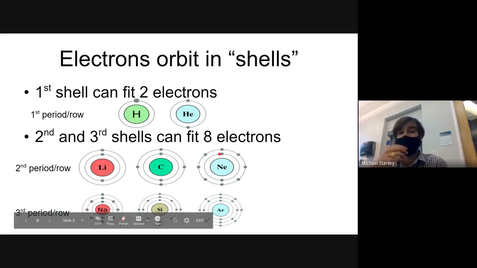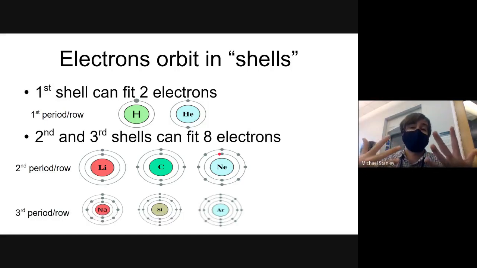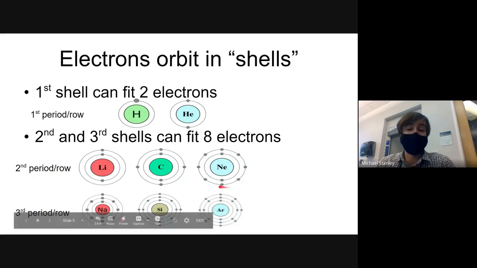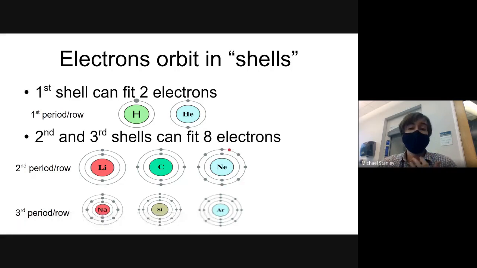After we put those 2 down, we start off with 10, so now after we take out 2, we have 8 remaining electrons. All 8 of those can fit on the second shell. So neon has a fully filled first and second shell. It's got 2 electrons on the first shell and 8 electrons on the second shell, for 10 electrons total.